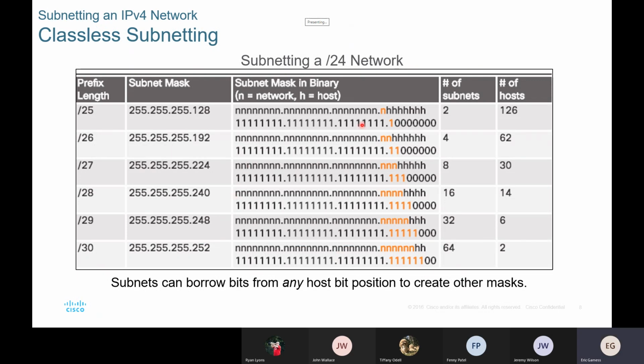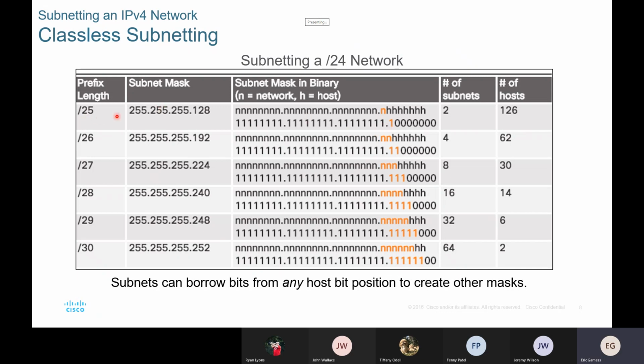For example, let's say that we have this pattern initially, which is a /24, so 24N on 8H. We can borrow just 1 bit. If we borrow just 1 bit, we will have 25 ones in the net mask, so the subnet will be a /25.